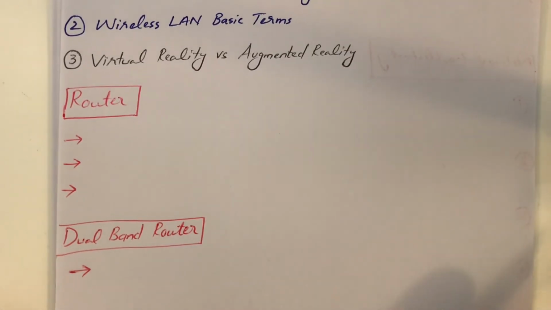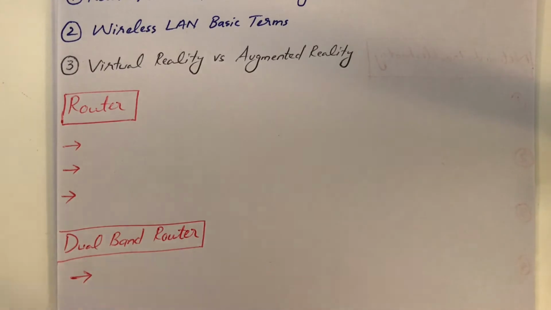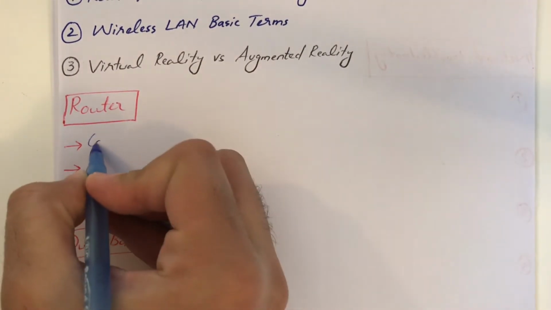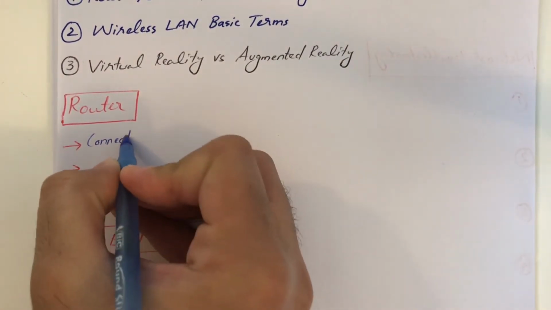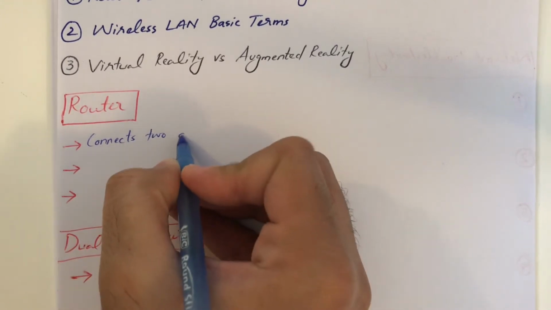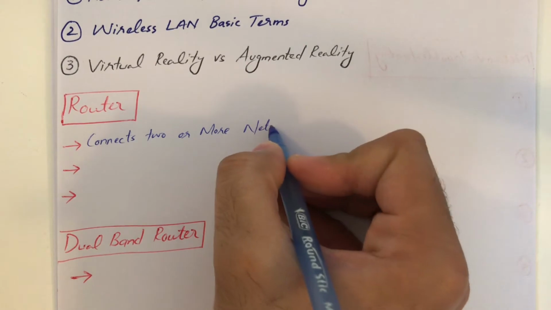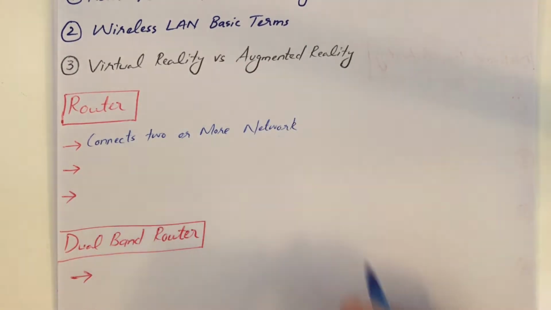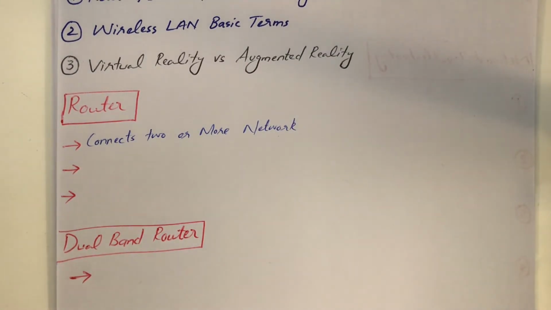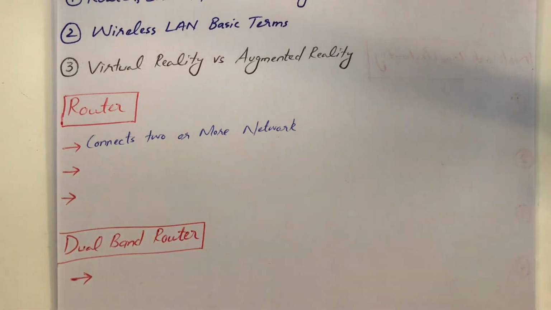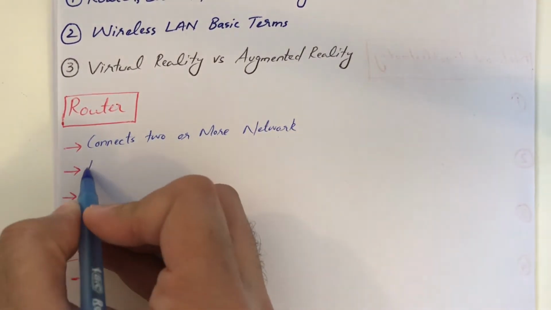So as discussed in the last video, a router is basically a network device which connects two or more networks. For example, you can connect your home network with ISP, or you can connect one network with another network through a router. What else can a router provide?